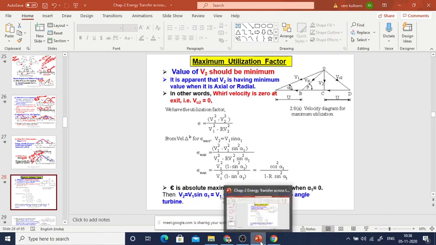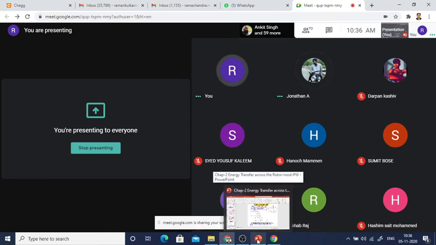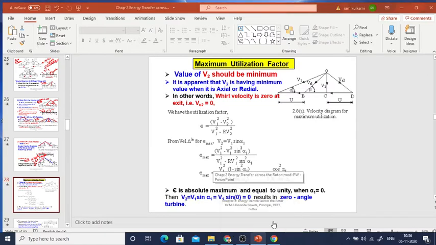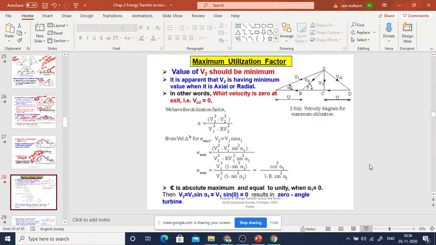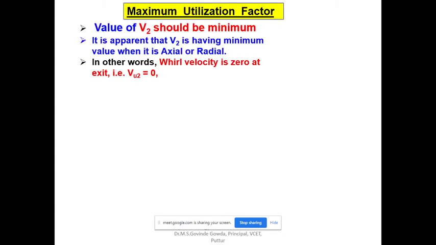Unpin it. Can you see my screen? Yes, sir. Now I can. Now we can see, sir. Completely. Okay, fine.